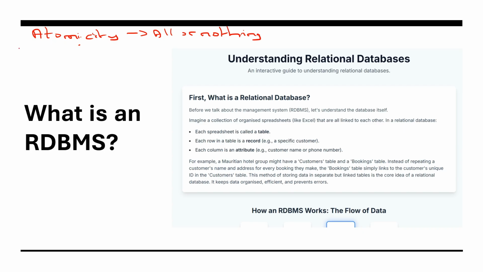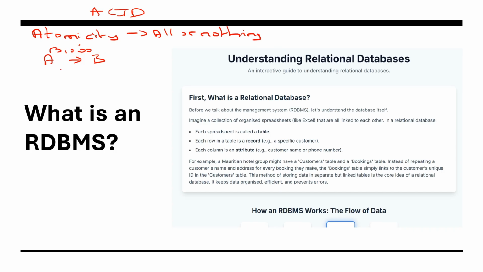Suppose you transfer 1,000 rupees from account A to account B. What does atomicity ensure? Atomicity, the first part of ACID, ensures that both of these steps happen.